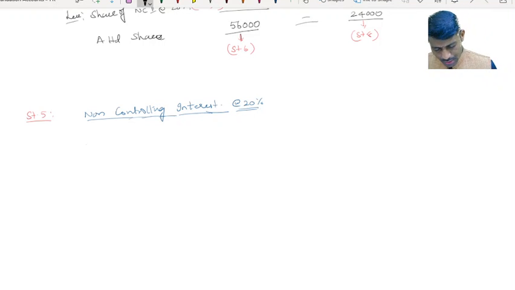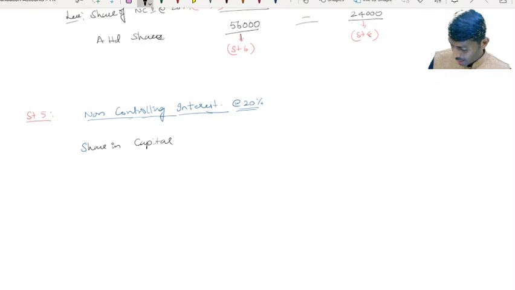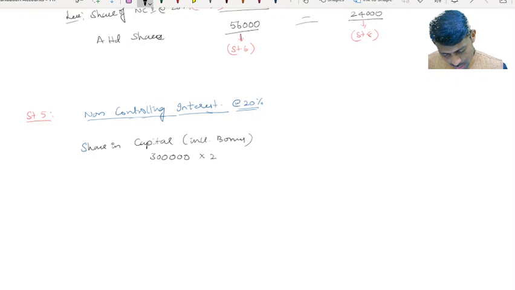First is share in capital. Here equity capital, including bonus, which is 3 lakh into 20%, which amounts to 60,000.